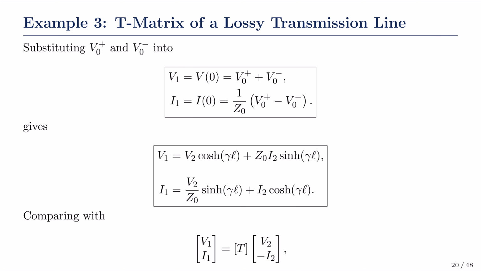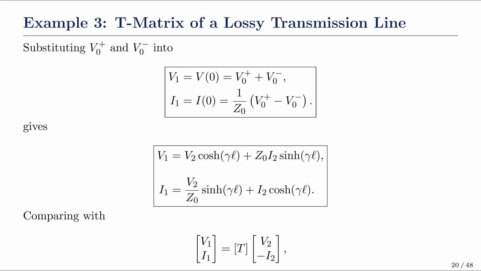Substituting the wave amplitudes into the input voltage and current equations, we obtain expressions for V1 and I1 in terms of V2 and I2. Using the identities for hyperbolic functions, the exponential terms combine naturally into hyperbolic cosine and hyperbolic sine functions.